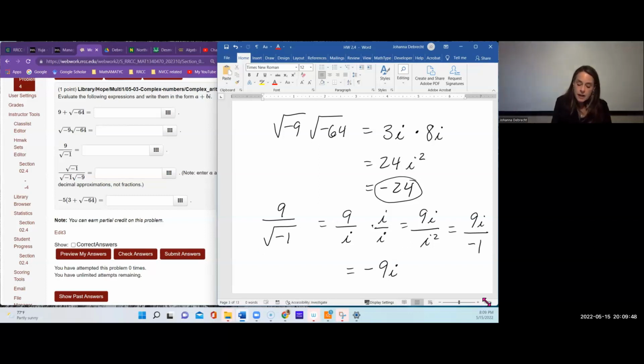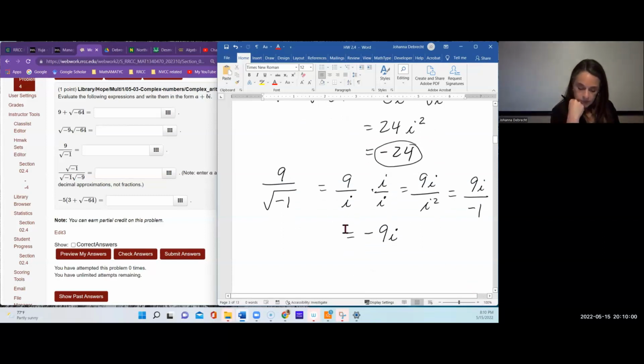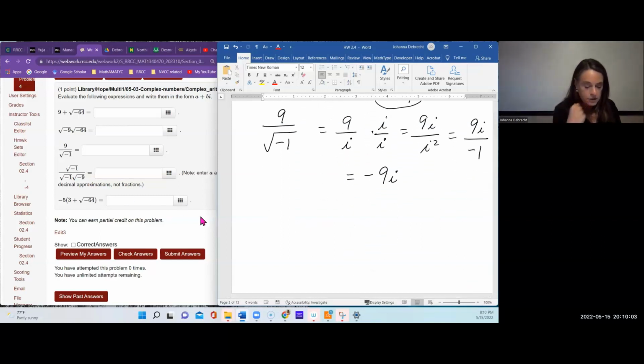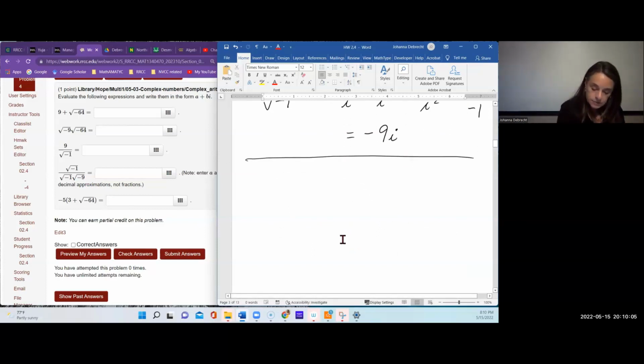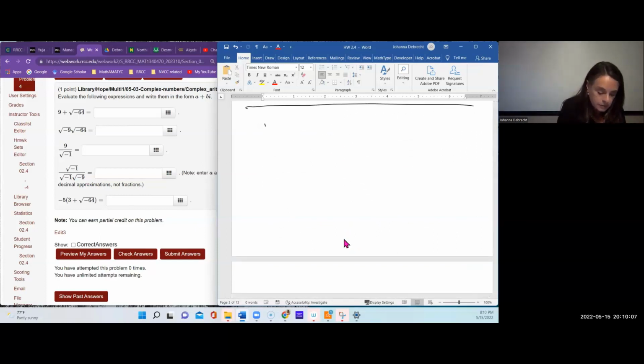Let's take a look now at the next one. The next one is the square root of -1 over the square root of -1 times the square root of -9.